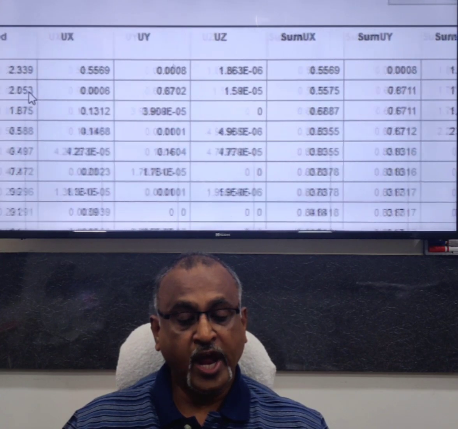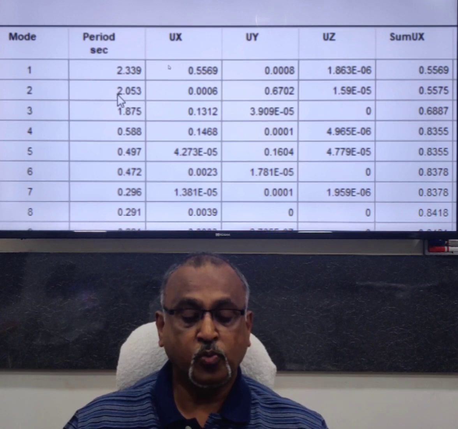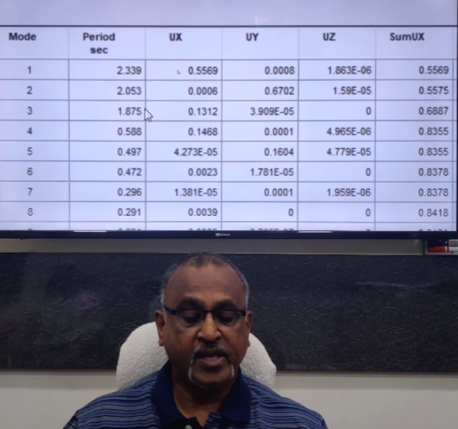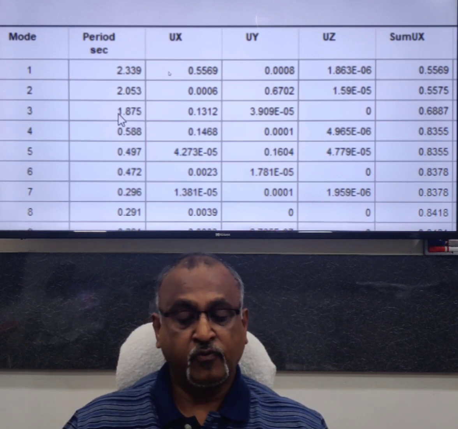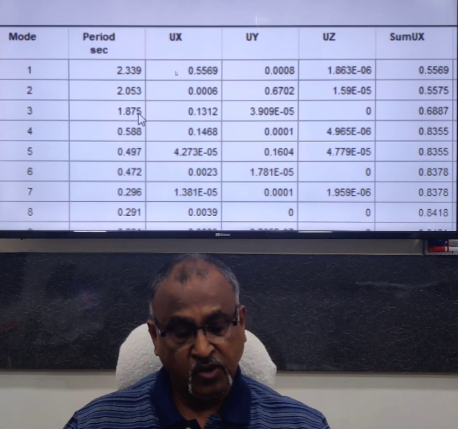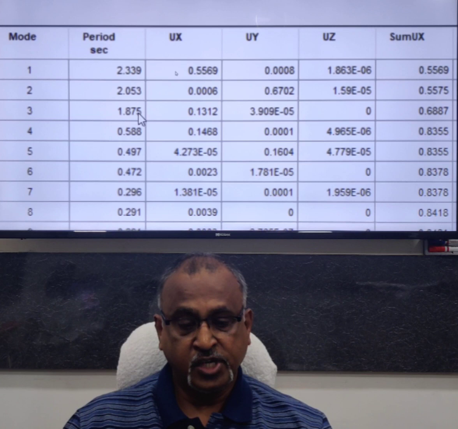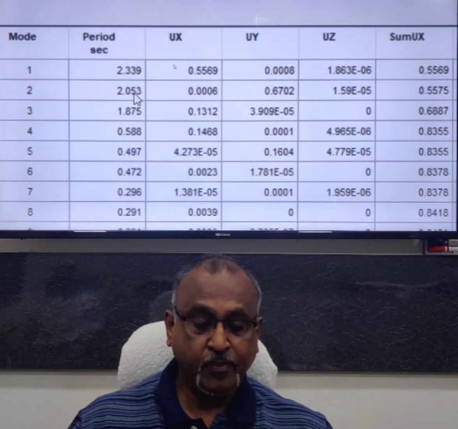Same way, if you look at this, second mode time period is 2.053 and third mode time period has reduced to 1.875. So 1.875 is a very good time period for this height of this structure, and the structure is now torsionally quite stiff. Torsional mode is separated.